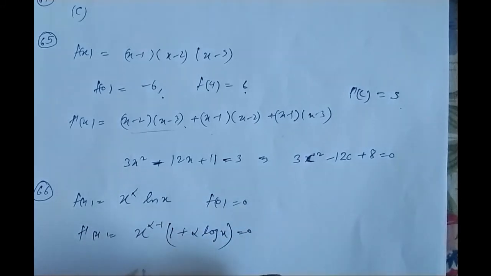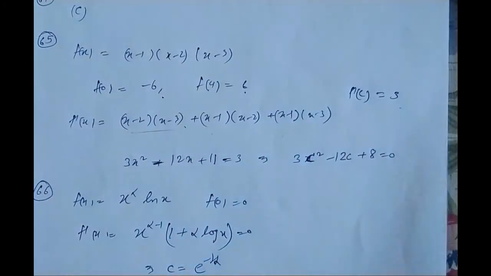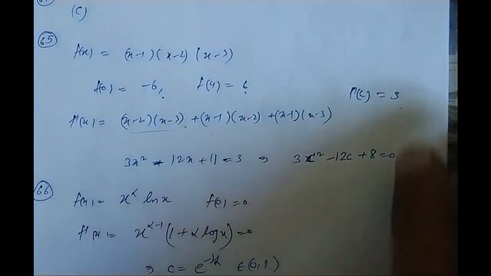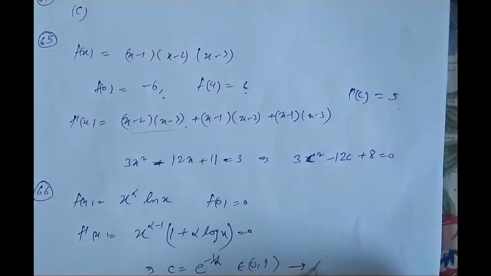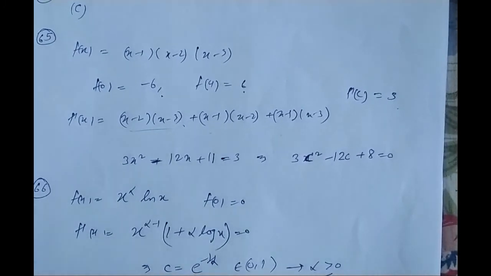This would be 0. This implies c is equal to e power minus 1 by alpha. Okay, and if this belongs to 0 comma 1, then alpha has to be greater than 0. Okay, moving on to the next question, question number 67.